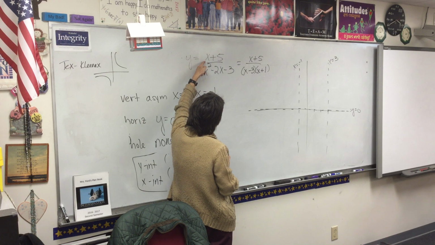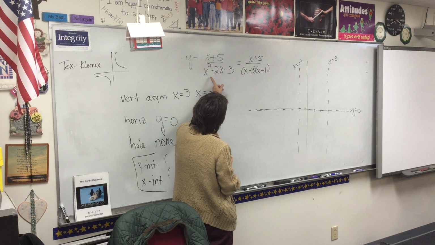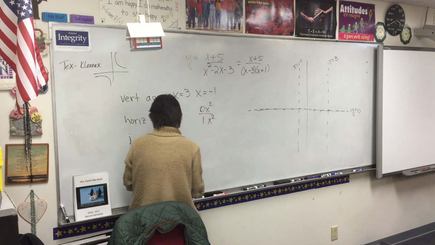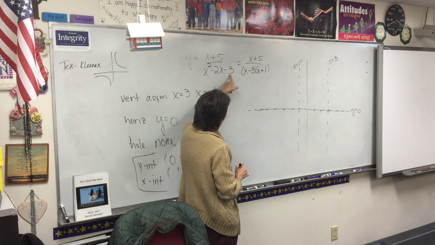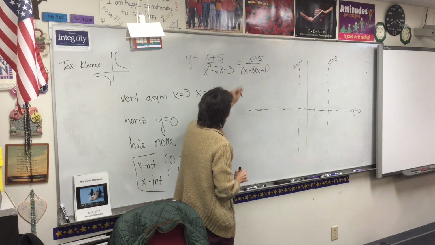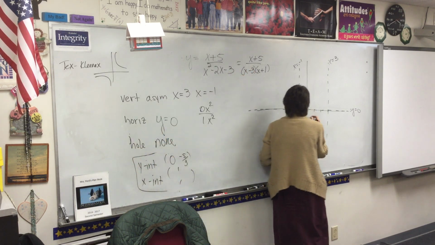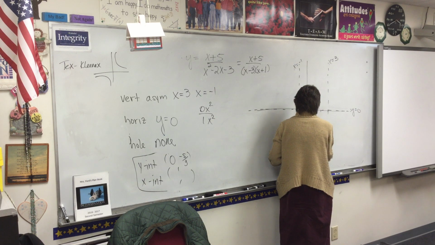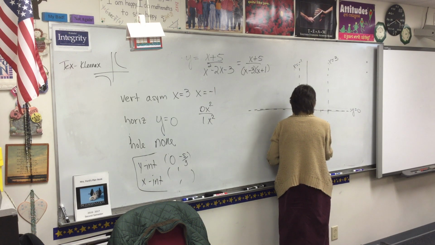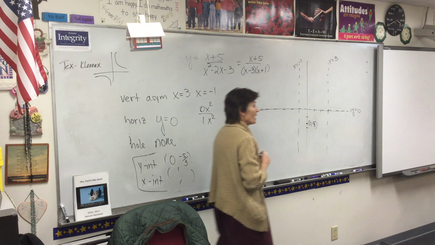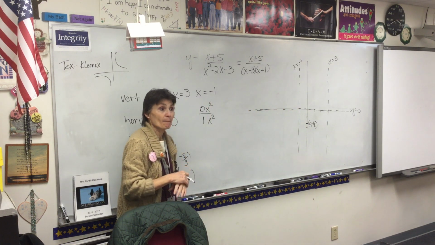If I put in 0 for x, it looks like I get 5 over -3. If I put a 0 in for x, wouldn't it be -3? So 0, -5/3. And if you're ever wondering about where to plot that, remember to make it a mixed number.